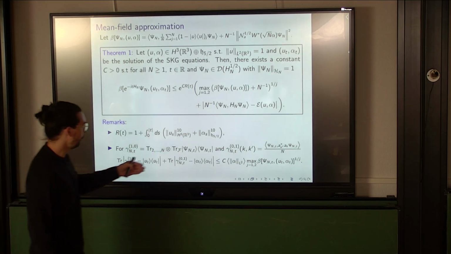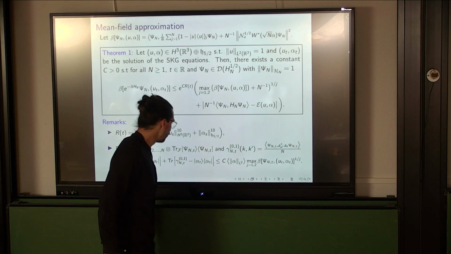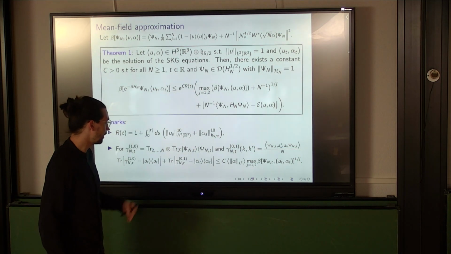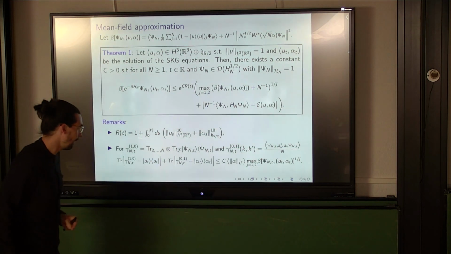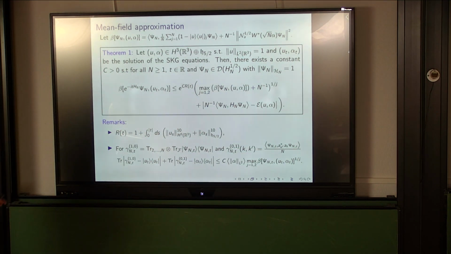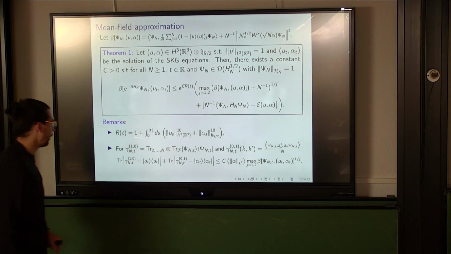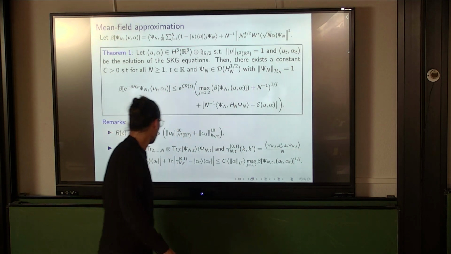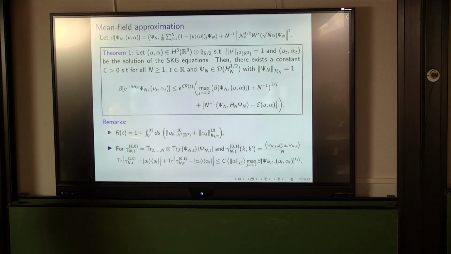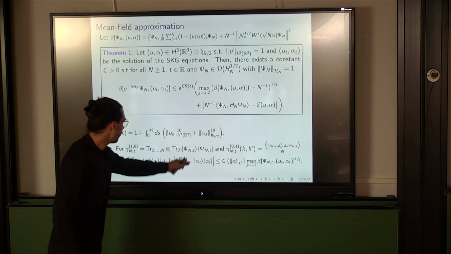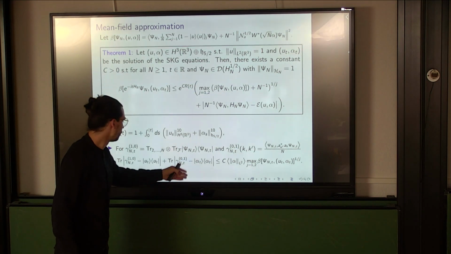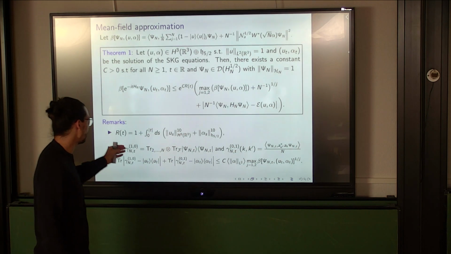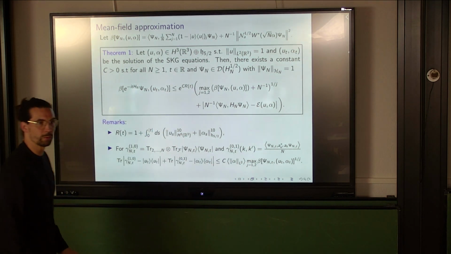And if I also define the one particle reduced density of the field by its integral kernel, where the normalization is such that the trace is the mean particle number of the field divided by the particle number of the non-relativistic particles, then one obtains the following bound, where one can bound the reduced densities in trace norm by the functional beta.